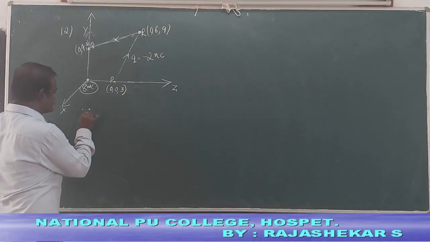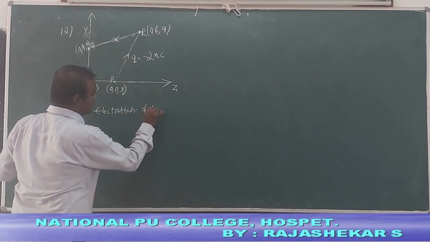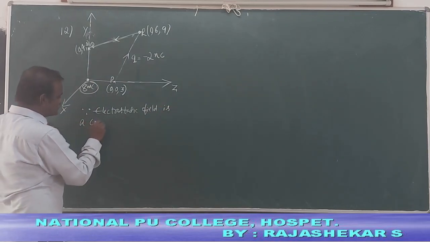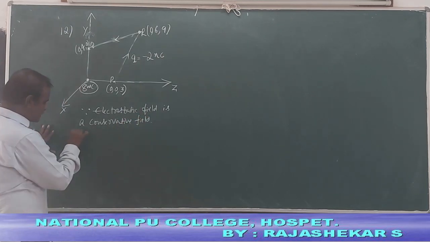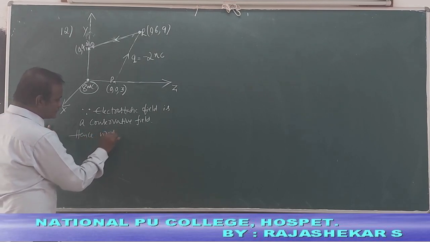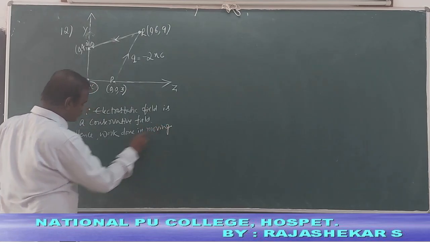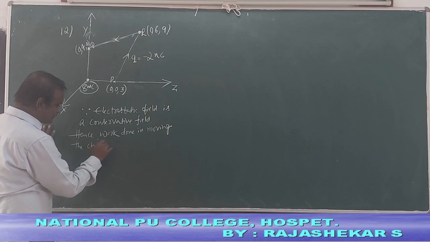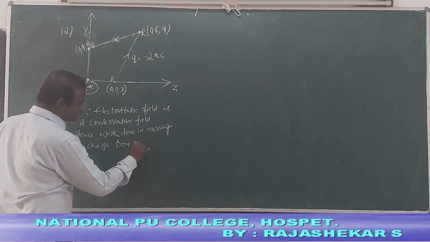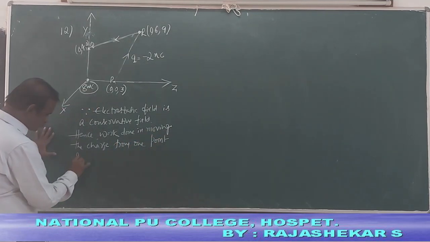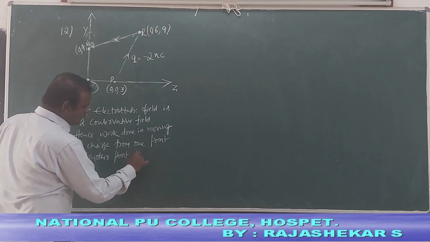Since electrostatic field is a conservative field, hence the work done in moving the charge from one point to another point is independent of path followed.